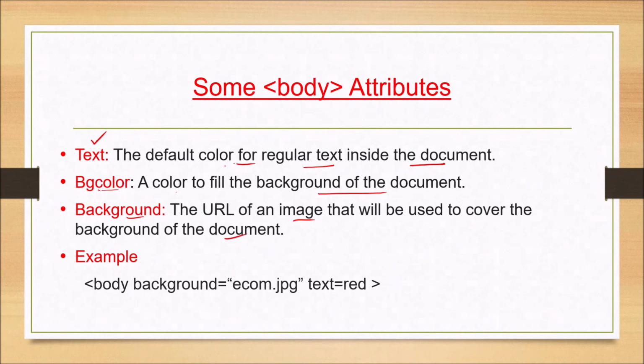So this is an example, like body and then background equals ecom.jpg. Suppose this is a file you want to show in the background of the document, you can use it this way. And then text equals red, and bgcolor equals yellow. We can use any color for background color, and we have to use the attribute bgcolor.